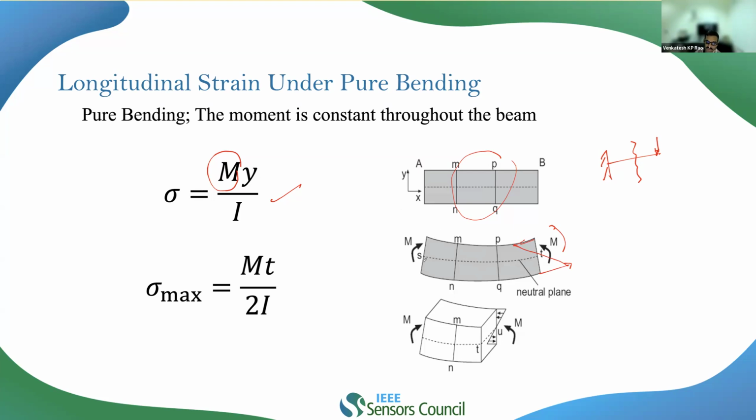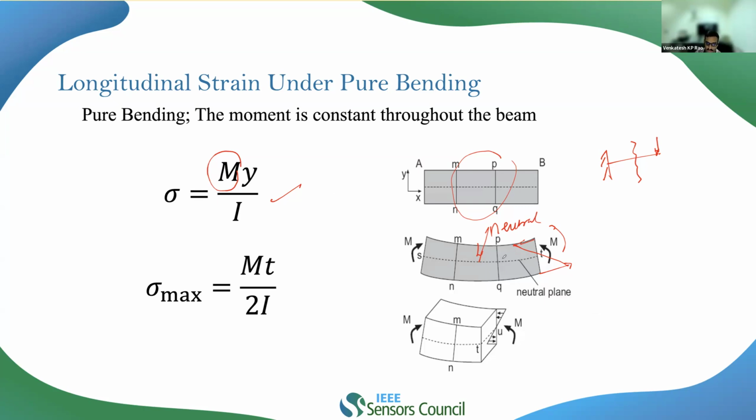And you can see one set of layers wherein there is neither compression nor elongation. These fibers are what is called the neutral fiber. Right, so the neutral fibers will neither undergo elongation nor compression, and this plane is also called the neutral plane.